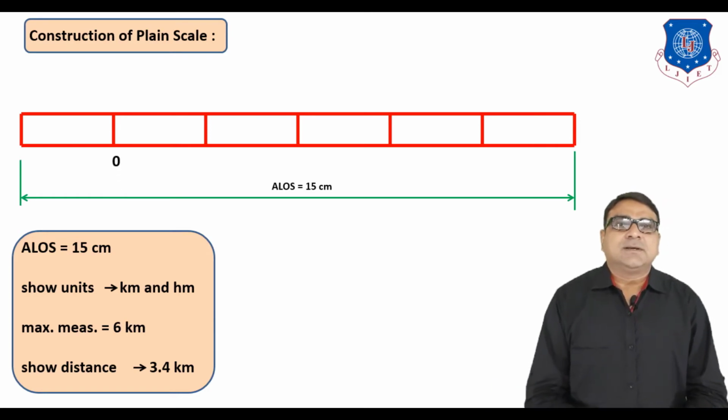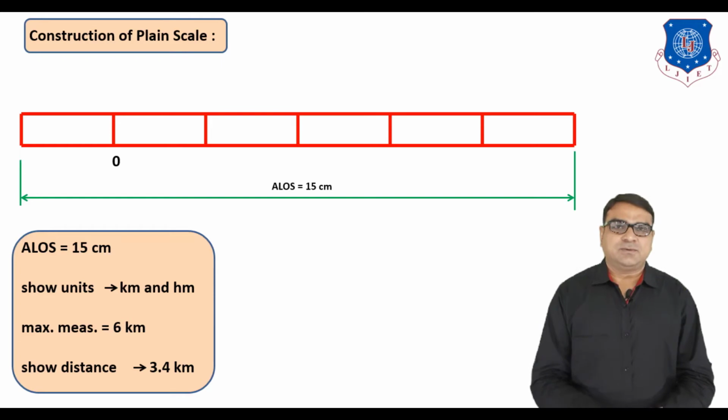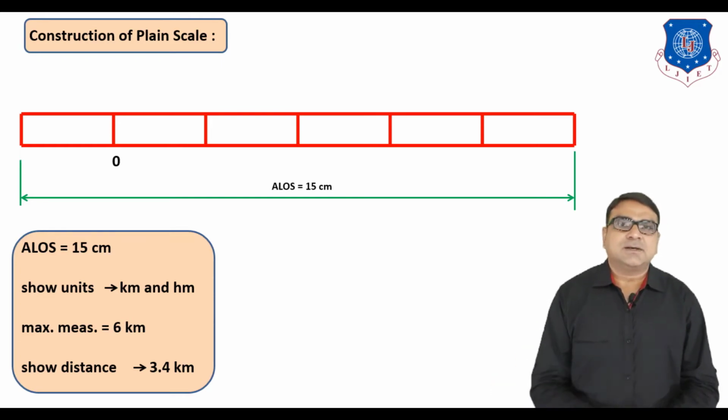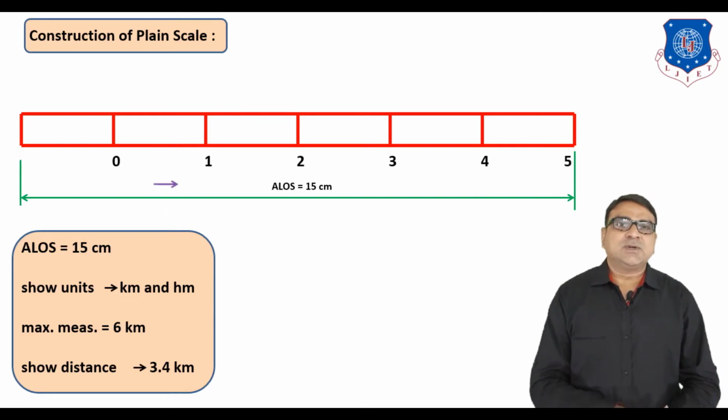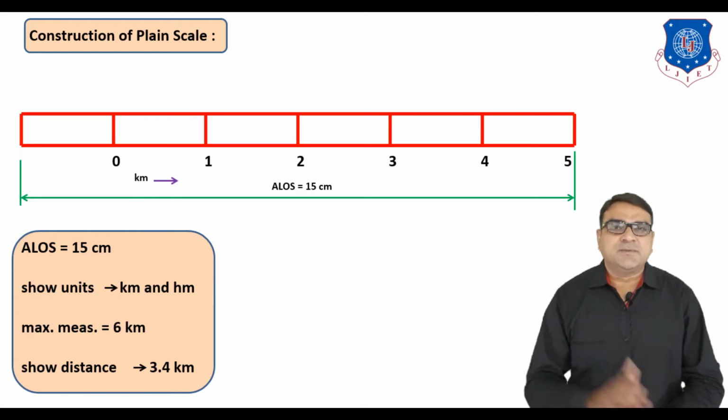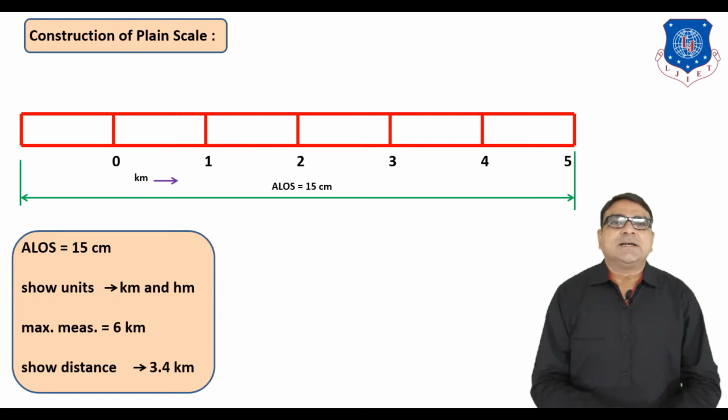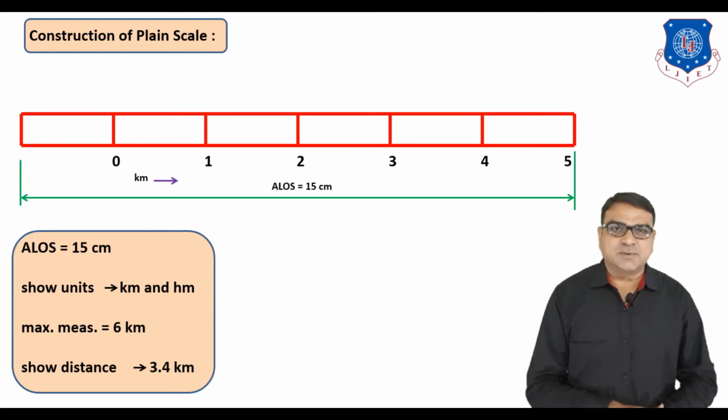Now this is 0. We always put 0 after one division, and then on the right side 1, 2, 3, 4, 5. These units indicate kilometers. Our first part before 0 is also 1 kilometer, but we know that 1 kilometer is equal to 10 hectometer.